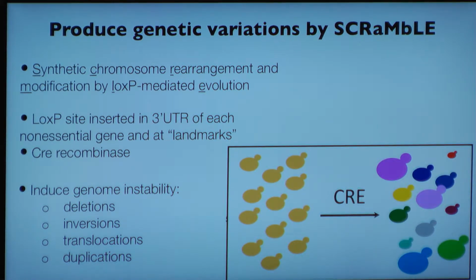That is, from a homogeneous yeast population, if we induce the recombination, we will eventually generate a population of cells, each of which has a different genome. So from that population, we can select or identify many strains that we are interested in.